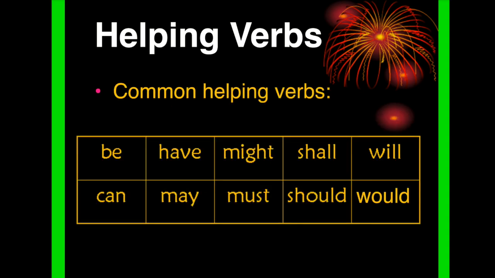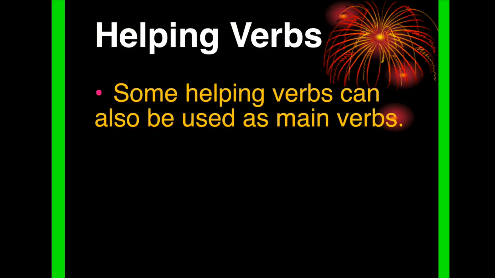Here are some common helping verbs to write down: be, can, have, may, might, must, shall, should, will, and would. Now notice that some helping verbs can also be used as main verbs. So you might have seen is and thought, but that could be a main verb or a linking verb. Well, let's look at a couple examples.